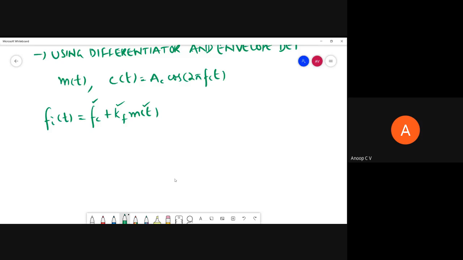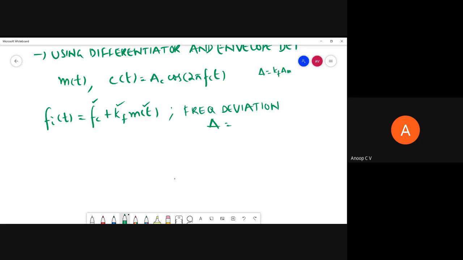And we can write the frequency deviation, which you can call delta. We have seen delta only for the case of single tone modulation, where m(t) was Am cos 2 pi fm t. There we said frequency deviation delta is equal to kf into Am.